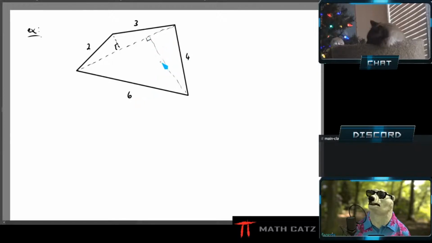I would need more information. So they could give it to me via a diagonal line, and then the heights will be to that line. I have this top very obtuse triangle, and I have this bottom one. They could do that.